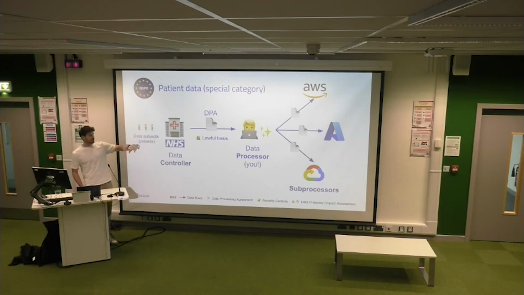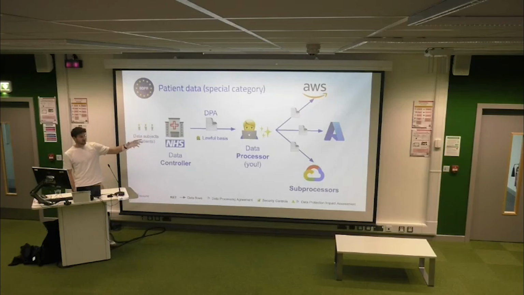So there needs to be a contract between the data controller and the data processor in the form of a data processing agreement, which again outlines what data is being shared, what the purpose is, and what the lawful basis is. And then similarly, there should be data processing agreements in place between the digital health company and the sub-processors.